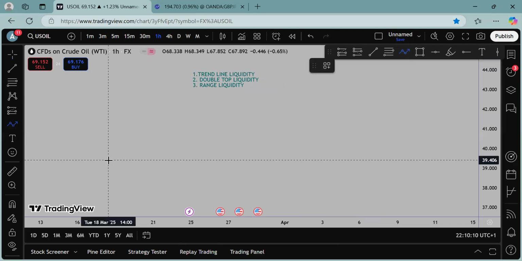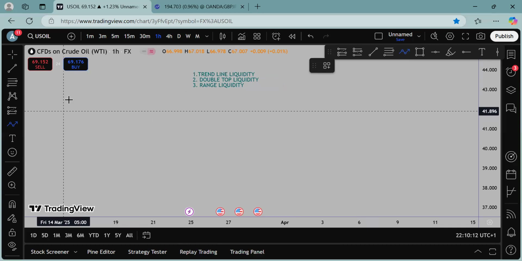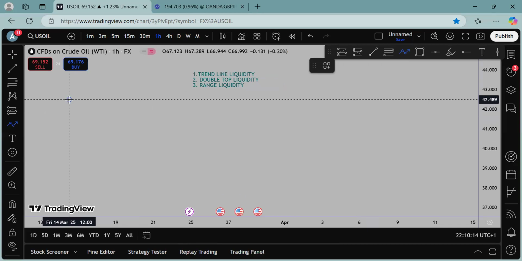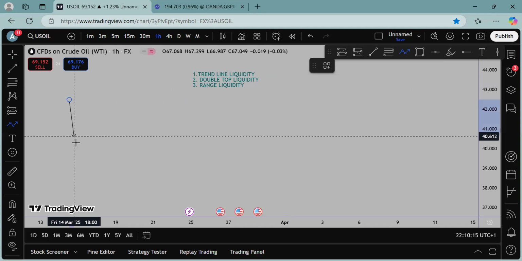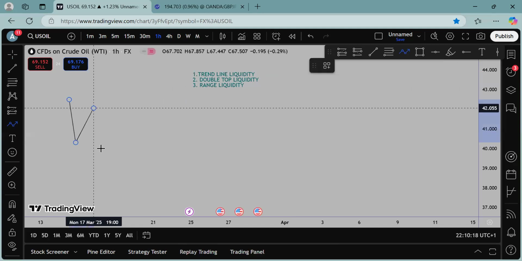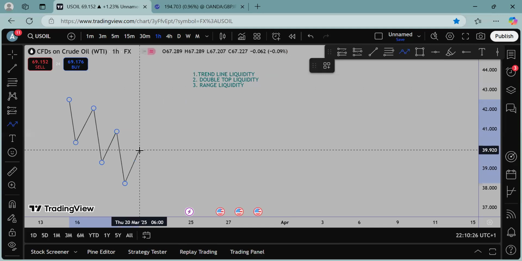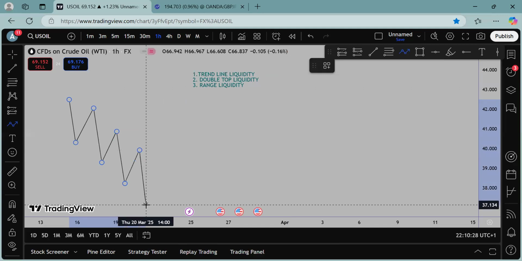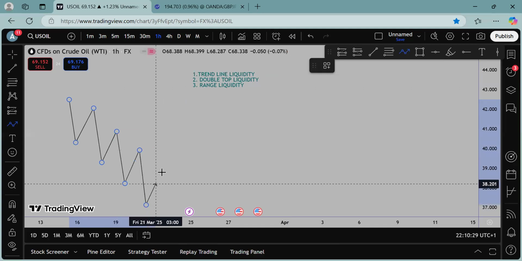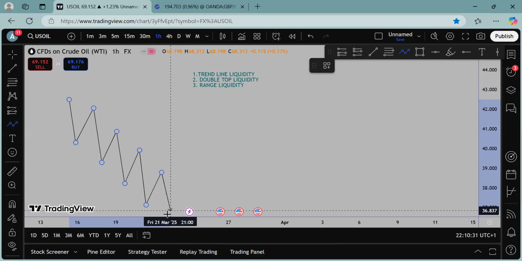What we mean by trend line liquidity simply means something like this. You already know it, so just follow. This is your trend line, giving you lower highs, lower lows. Keep giving you lower lows, lower highs, lower lows.